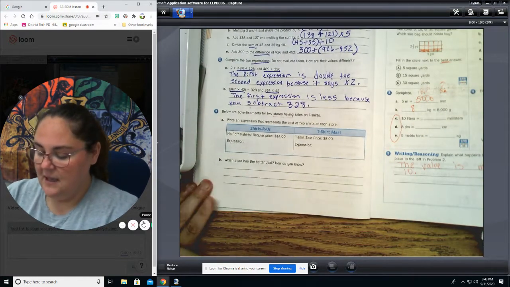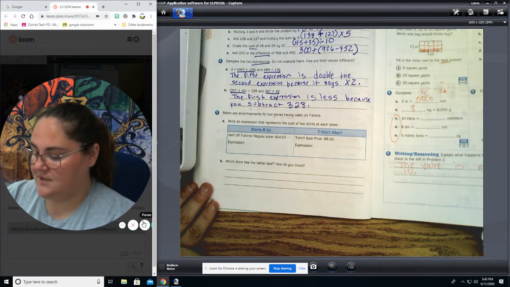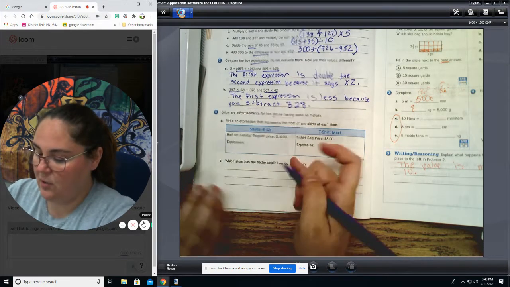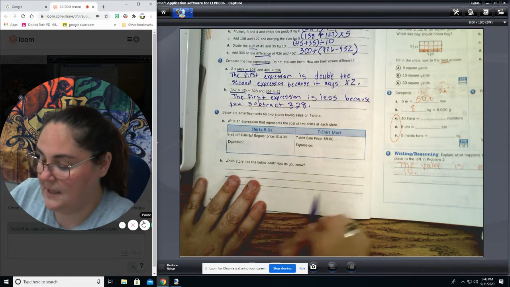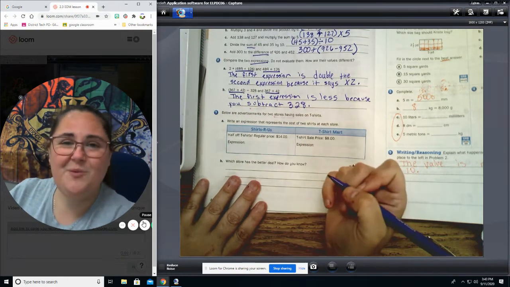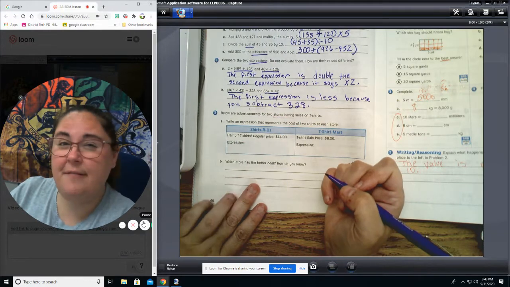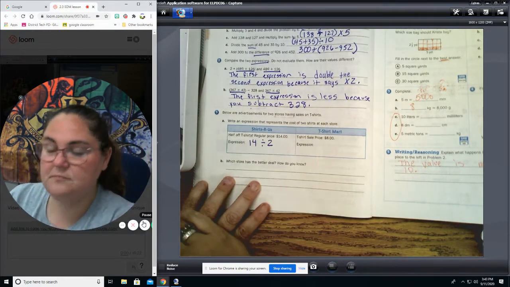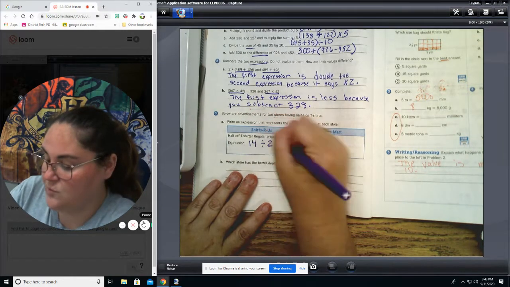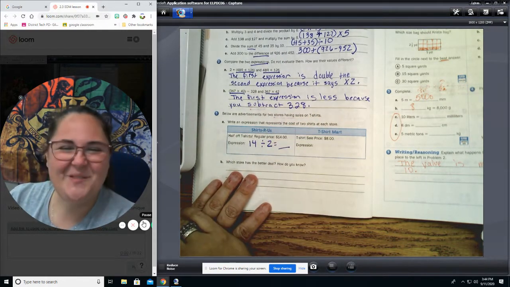All right. Write an expression that represents the cost of the 2 shirts at each store. So, half off t-shirts, regular price $14. So if I'm doing half off, that means I'm dividing. So 14 divided by 2 equals what? What is 14 divided by 2?